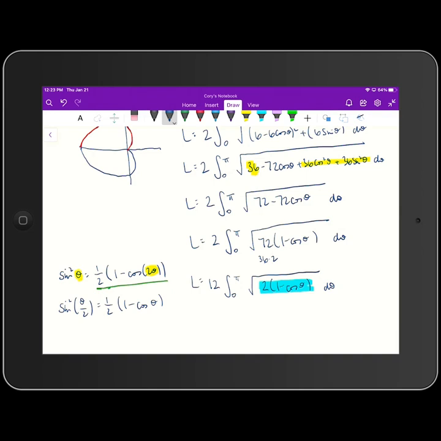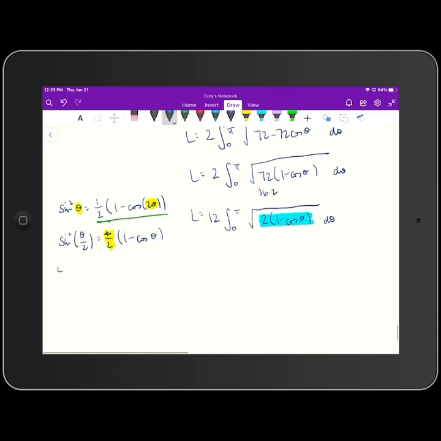Okay, so what I want to do next is make the coefficient out in front become 2. If I want to make that coefficient become 2, I'm going to multiply both sides of the equation by 4.